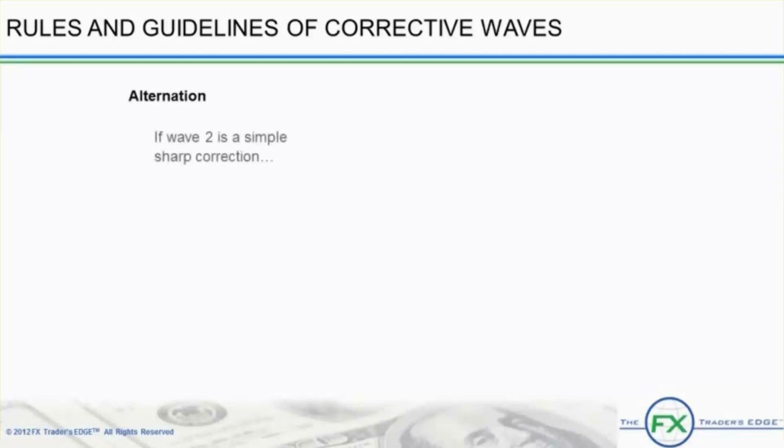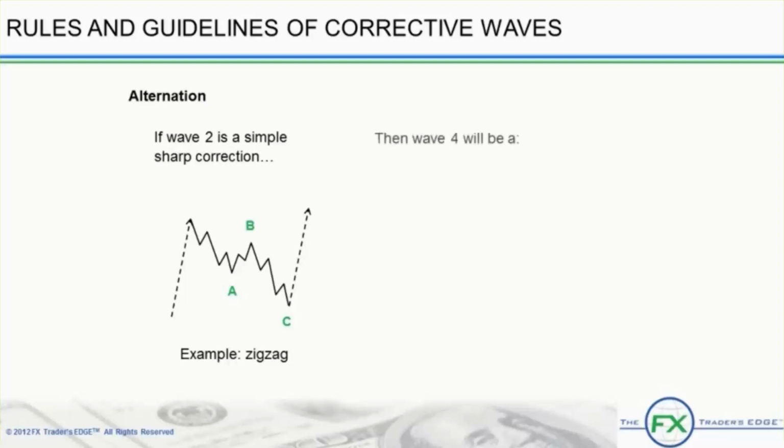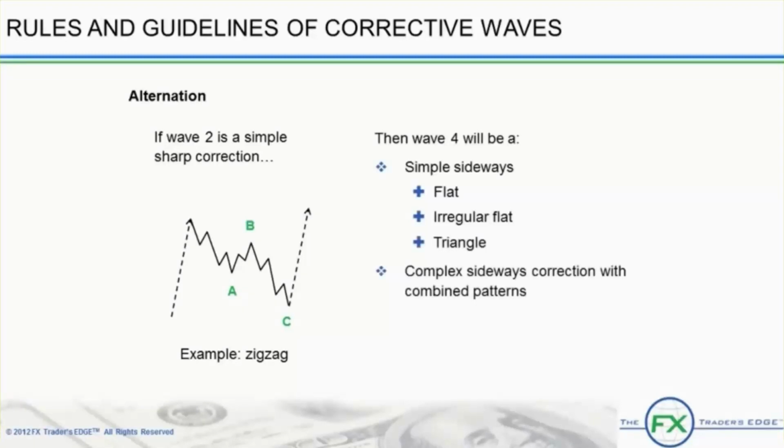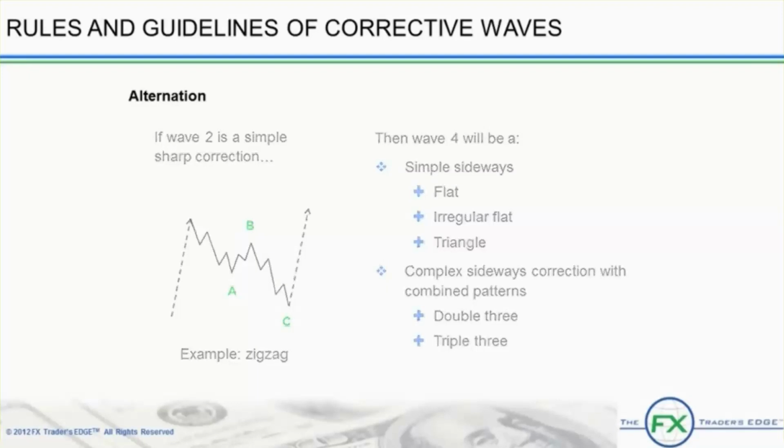The guideline of alternation states that if wave 2 is a simple, sharp correction, a zigzag, then wave 4 will be a simple sideways, flat, irregular flat or triangle, or a complex sideways correction with combined patterns, such as double or triple threes.